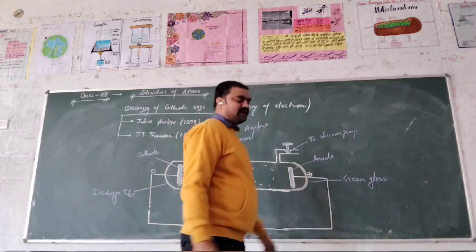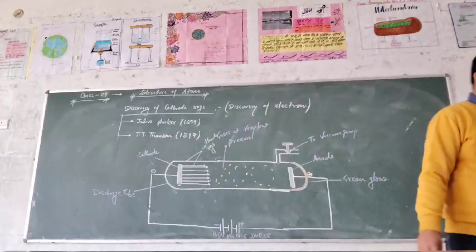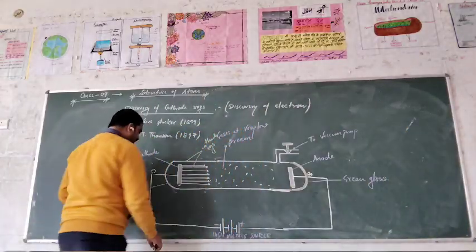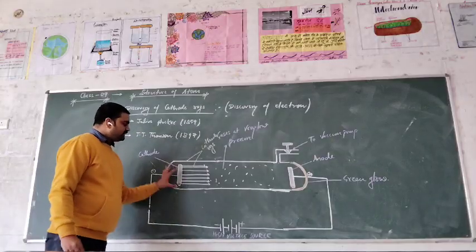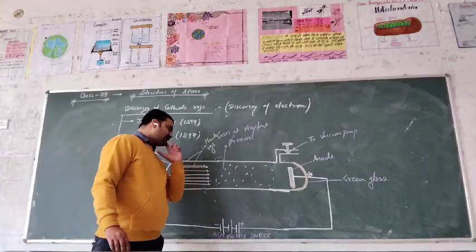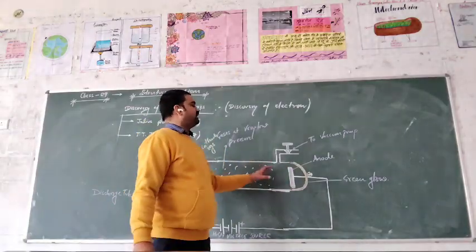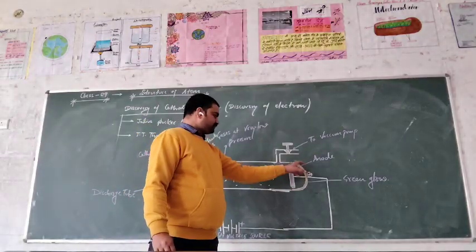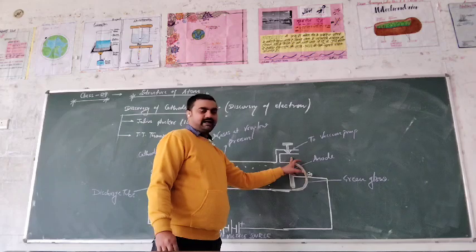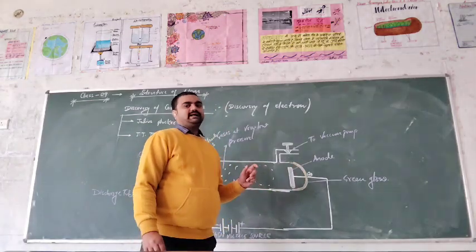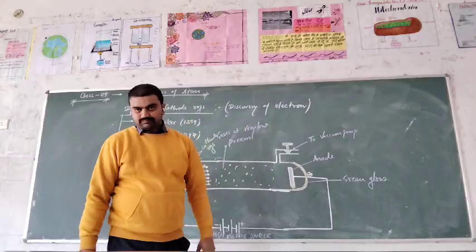So at very low pressure, he observed the origination of a kind of rays from the cathode side, and they travel towards the anode side. At the anode side, they strike the wall behind the anode and produce a glow, and that glow was a green glow.